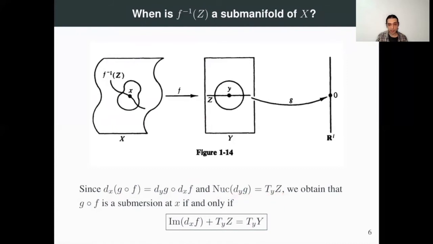We just saw that in one of the first slides. So what's going to happen is that the composition is going to be a submersion at x if and only if the image of the differential of F at x plus the tangent space of C at the point y is equal to the tangent space of Y at y.